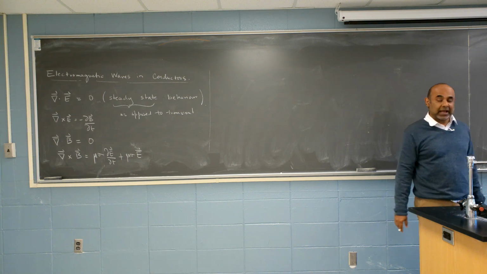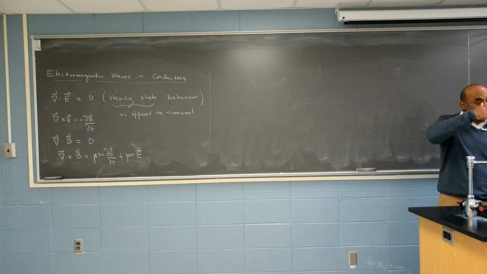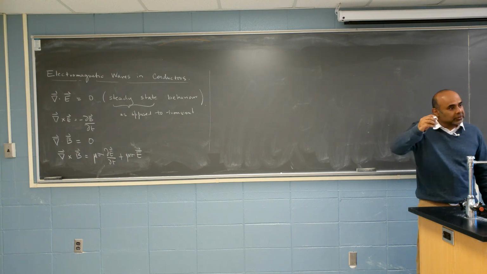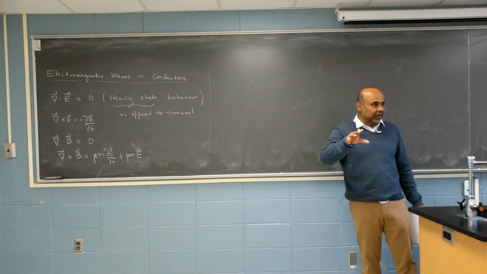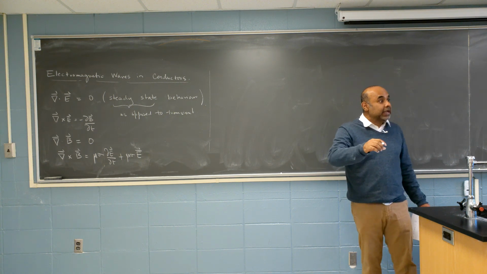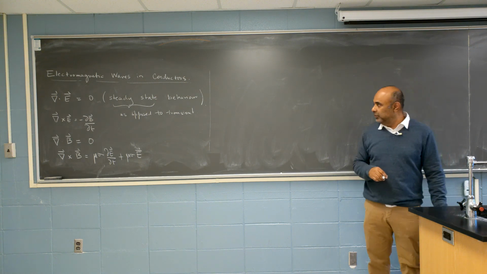That's exactly what's going to happen. The electric field will be shielded, and the magnetic field. While you get a wave, it attenuates exponentially to zero. It doesn't go to zero for finite distance, but it's practically zero very quickly. And how fast does it go to zero? That is skin depth, and we'll get to that.